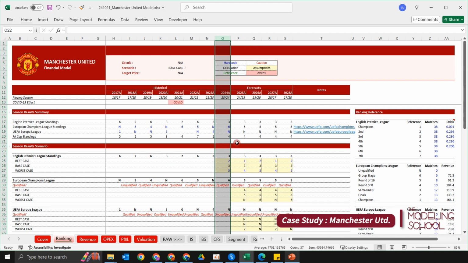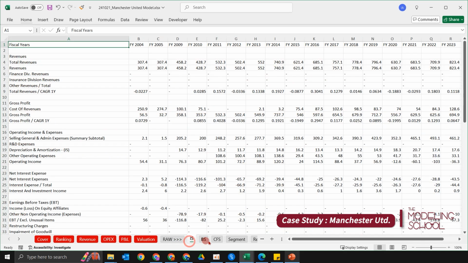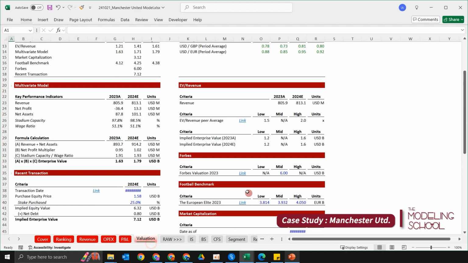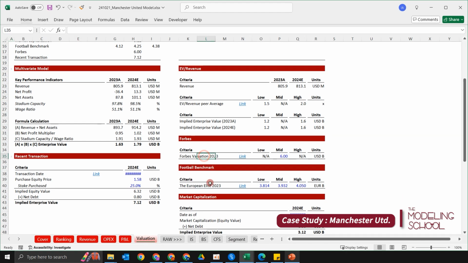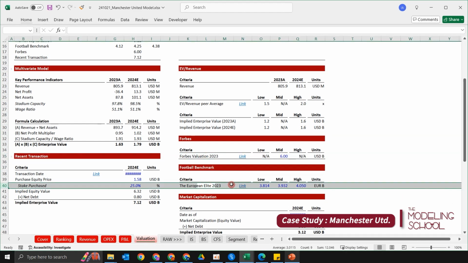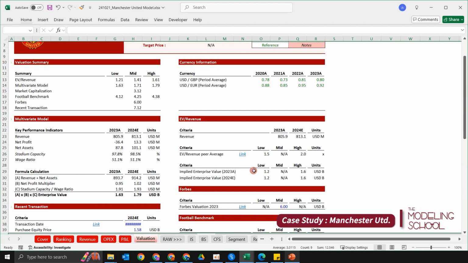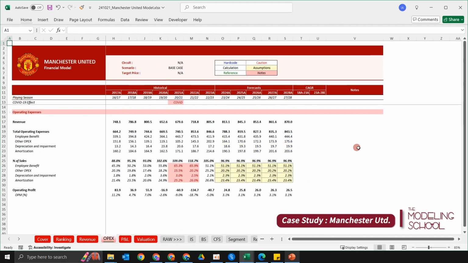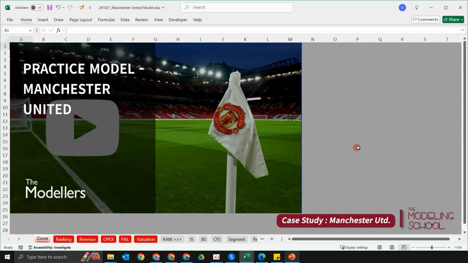We're also going to update our raw materials as well. We're going to update valuation tabs, because I think Forbes and the European Elite, these 2 institutions, they issued a new version of the football club valuations. So we're going to do also a short video on the updates of this financial model.